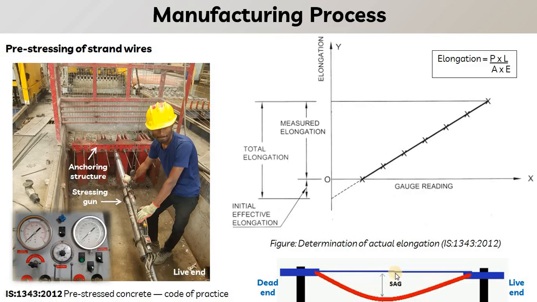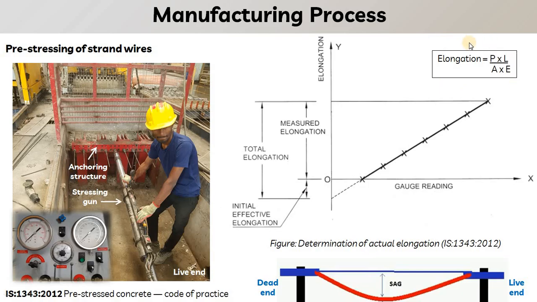To avoid this sagging, we will first apply 10% of the force, and after that we will mark on the wire, and then we will give the remaining 90% of the force into the wire and measure the elongation.